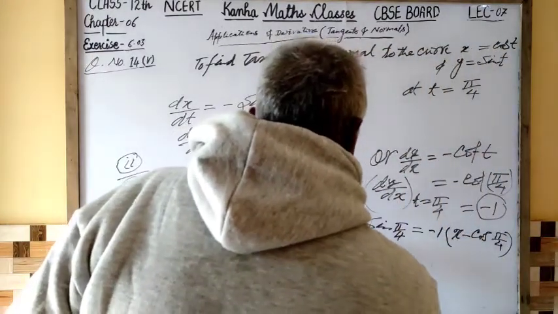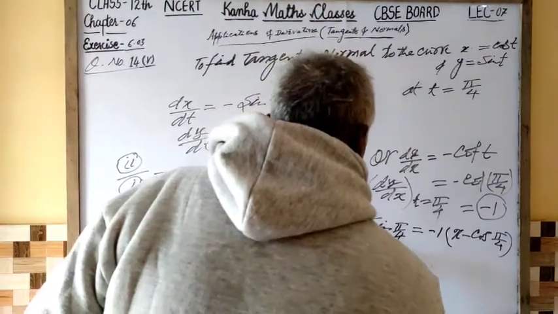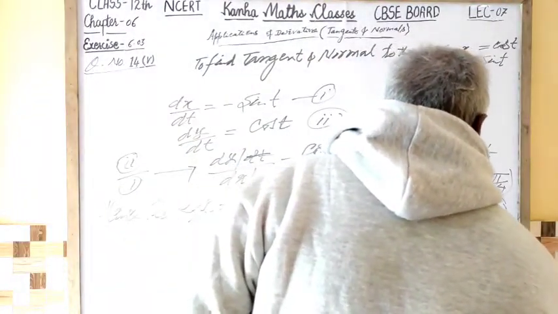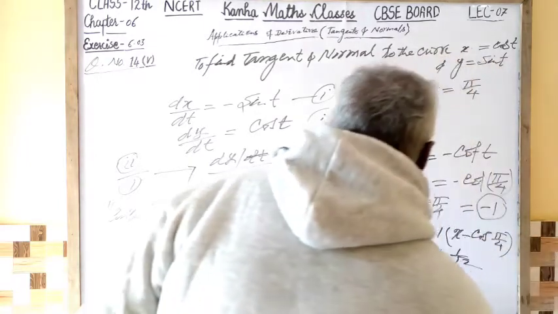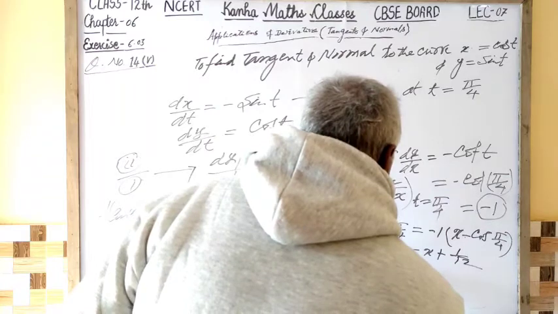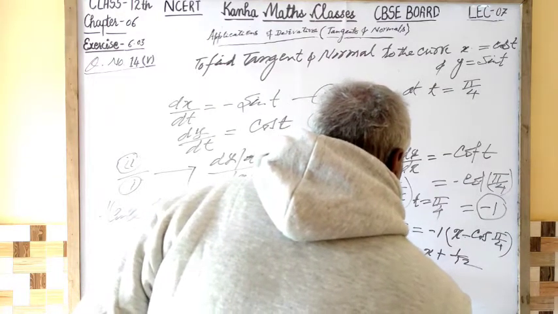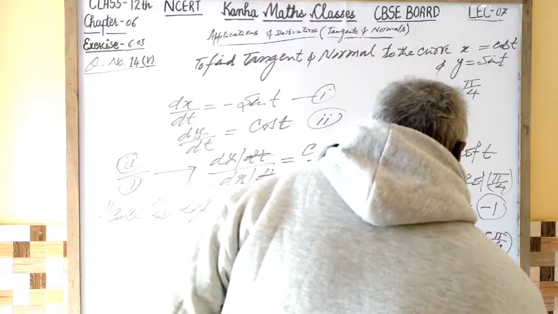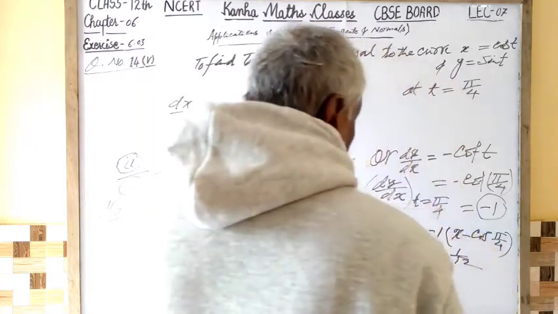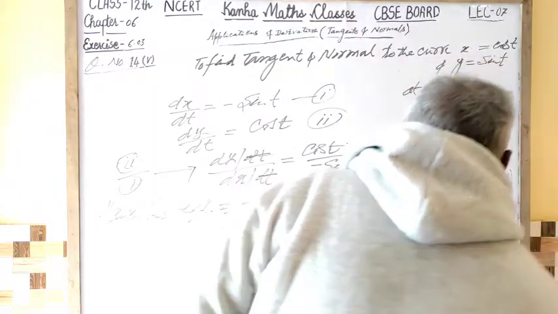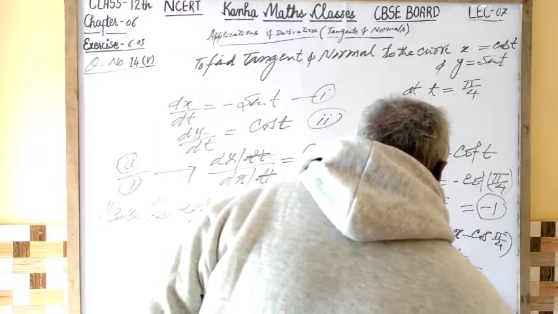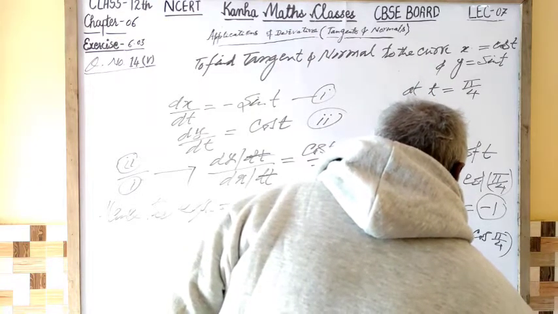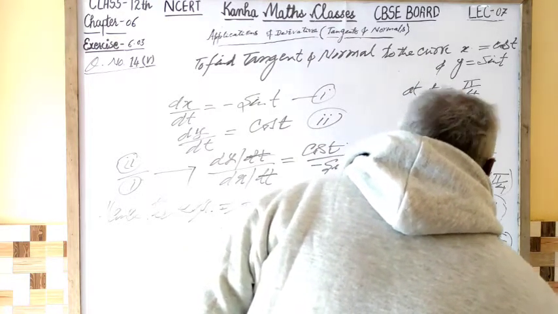So y minus 1 upon root 2 is equal to minus x plus 1 upon root 2, or y plus x minus 2 upon root 2 is equal to 0, or y plus x minus root 2 equal to 0. This is the equation of tangent.